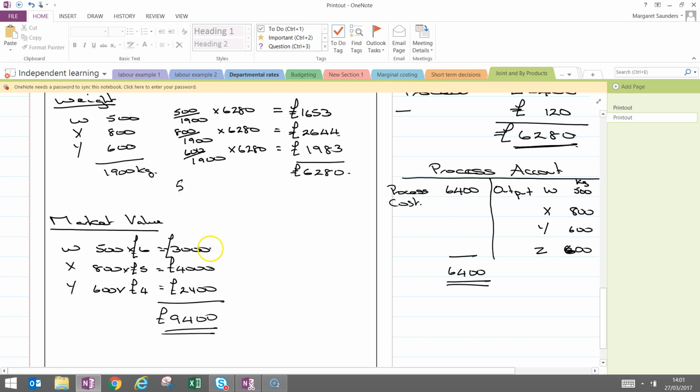For W, market value of W, £3,000 as a percentage of the total market value. So we do 3,000 divided by 9,400 times 6280. And that gives us 2,004. For X, market value of X, 4,000 out of a total of 9,400 times 6280 gives us 26.